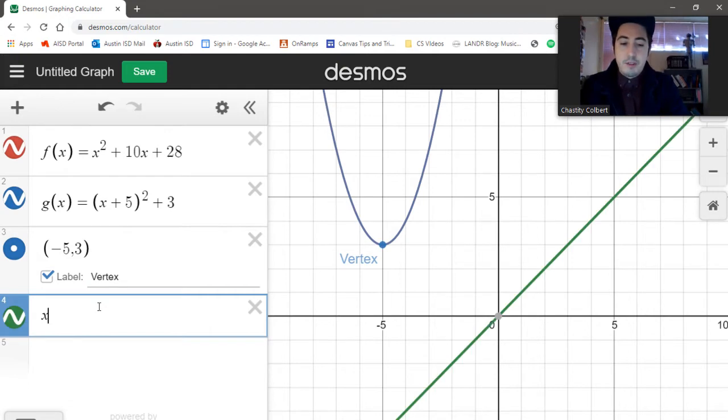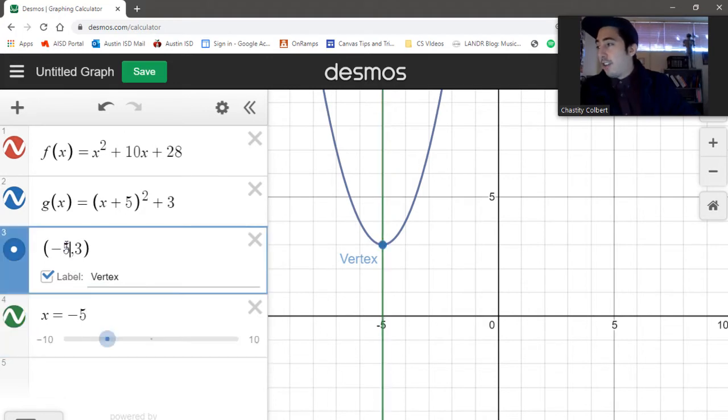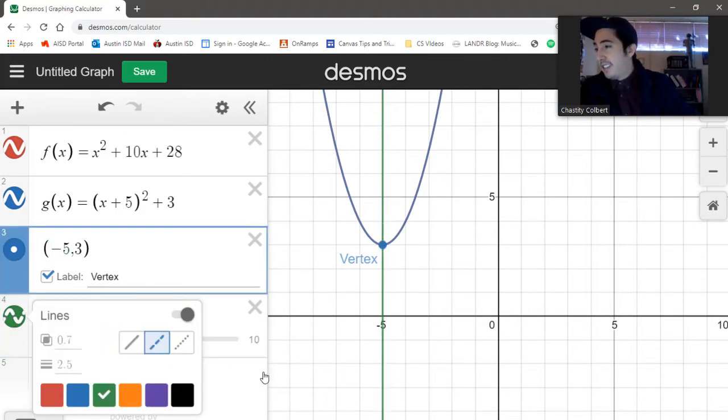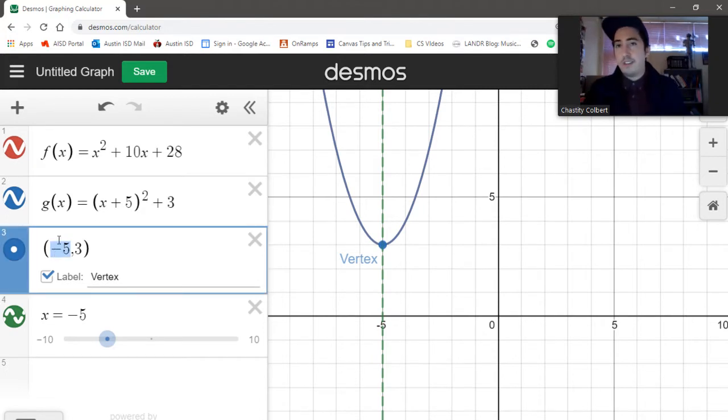The axis of symmetry is always a line at x equals the h value, or the x value of our vertex. Right there, the green line goes right down the middle. It's always going to be x equals whatever this value is, the h value of our vertex. Remember, our vertex, we label that h comma k. So it's always going to be x equals h.